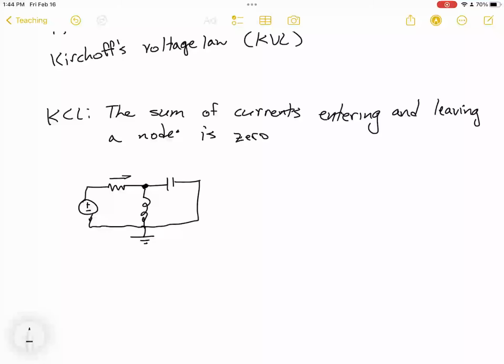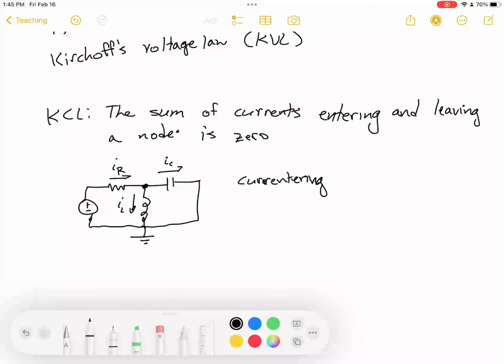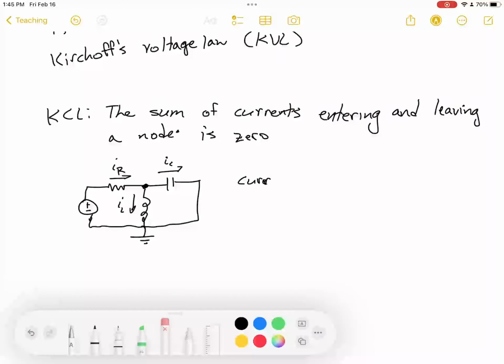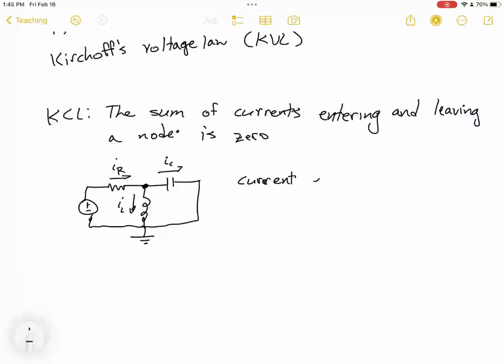So if I write some sort of current going through a resistor here, and some sort of current going through the capacitor there, and some sort of current going through the inductor there, the way I've drawn it is that the currents entering the node, that's just IR, the current going through the resistor.